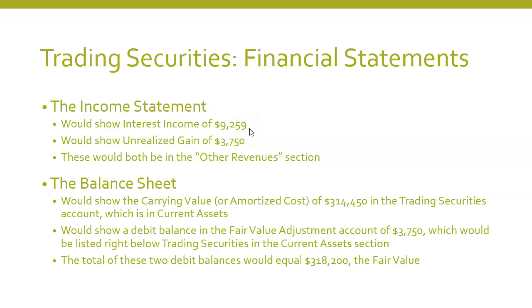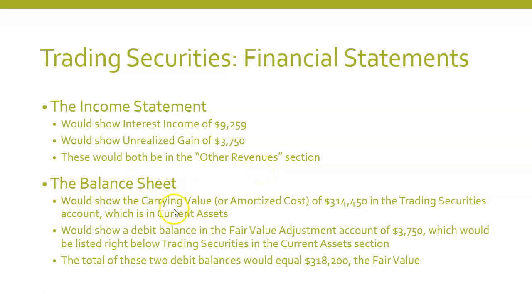This is the same as we pulled off the amortization schedule that we use for held to maturity. We would show the unrealized gain of $37.50 that we just put in on the income statement as revenue. Both of these would go in the other revenue section.